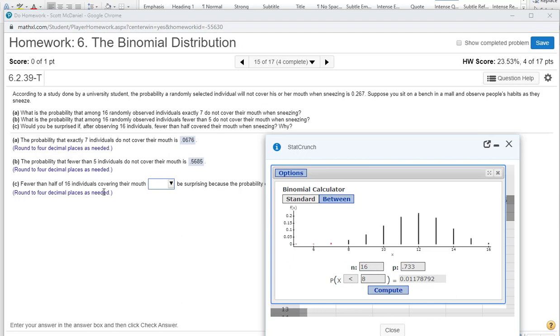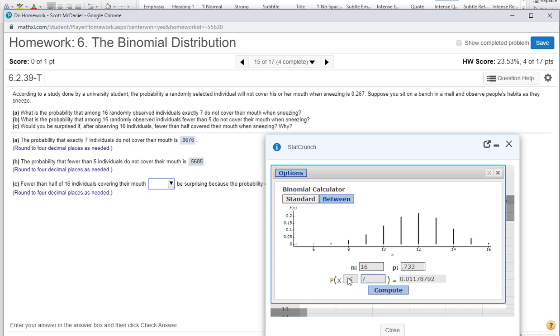And we want fewer than half of 16, so fewer than 8 that cover their mouths. So I changed this probability to 0.733. It helps me to think about it this way. So this probability needs to match what we're looking for. Otherwise, you got to flip it around. Fewer than half, which is less than 8, which would be the same thing as if I had said less than or equal to 7, whichever way you like better.